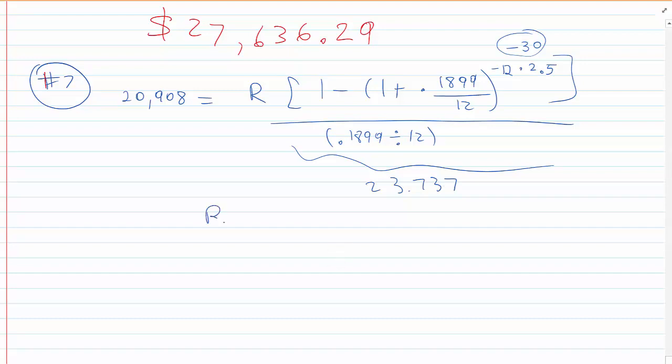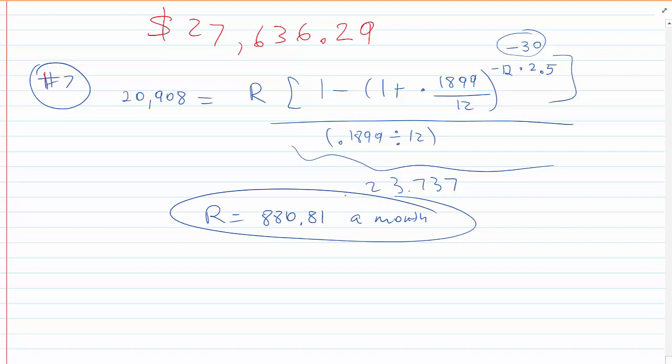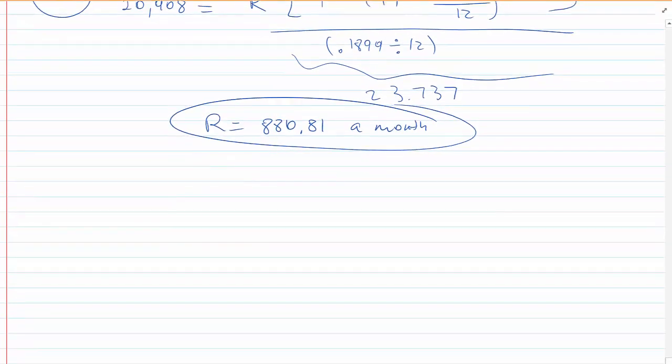So our payments would need to be $880.81 a month. Is that okay? Is that what you're getting? To pay a $20,000 debt. Can someone confirm? Yes or no? Yes? Okay, good.